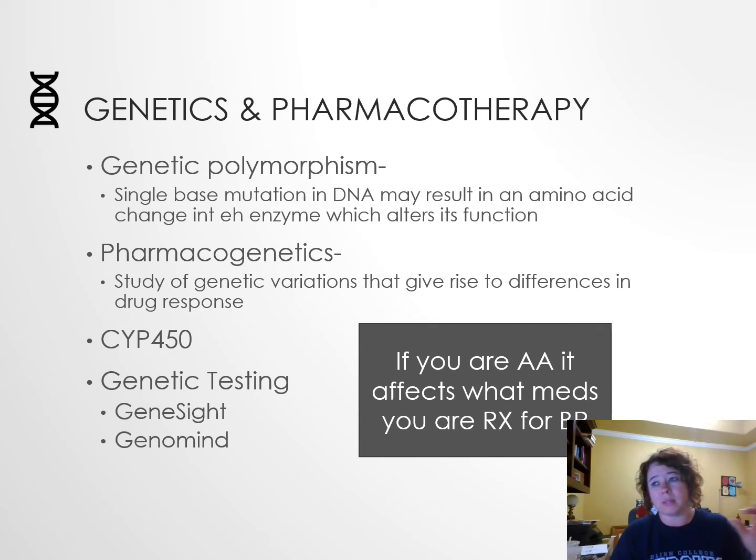Well, in the world of pharmacology, that's also been happening too. We have this thing in our body called genetic polymorphism. So basically what happens is one of your little DNA mutates based upon your ethnicity, which can then change a single amino acid, which then changes some enzymes, which alters its function.